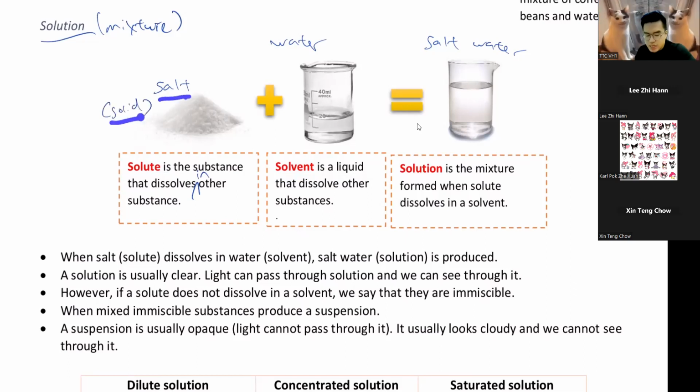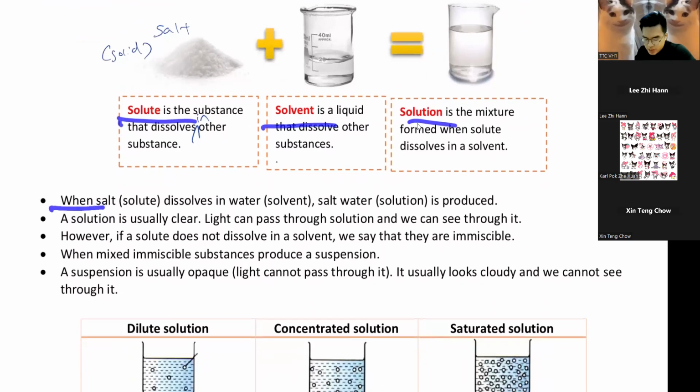Solid solute. Can you see the similarity? So sodium chloride is your solute, solvent, solution. When the solute dissolves in the water solvent, a salt water solution is produced.